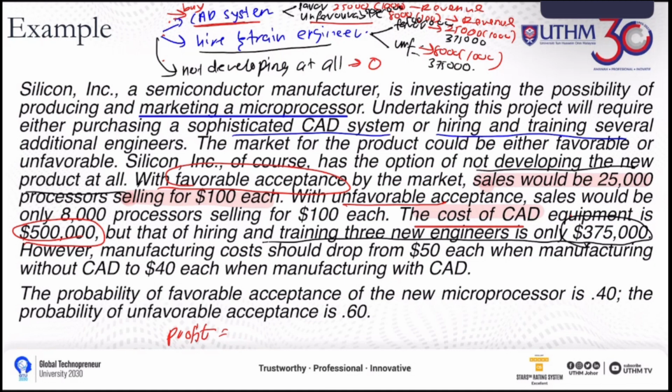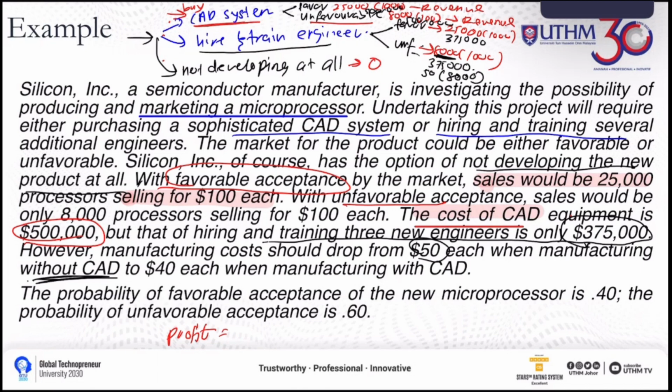However, they also have manufacturing cost. It said that it should drop from 50 when manufacturing without CAD. So you produce your microprocessor without the CAD system, so your manufacturing cost is about $50 per unit. So how many do you produce? For unfavorable, this is the number of your production.